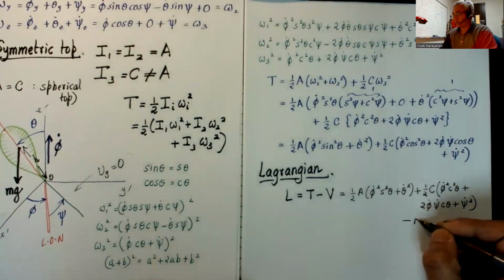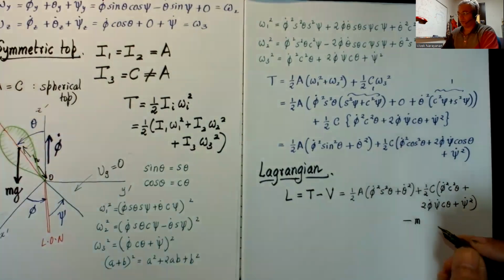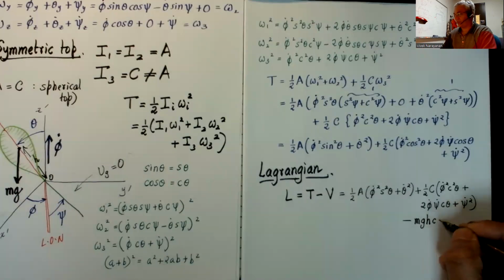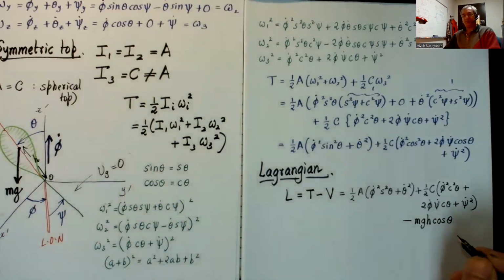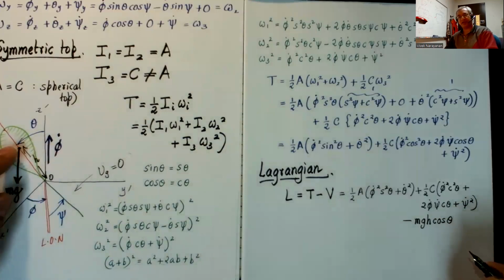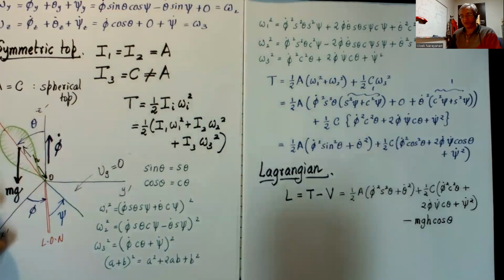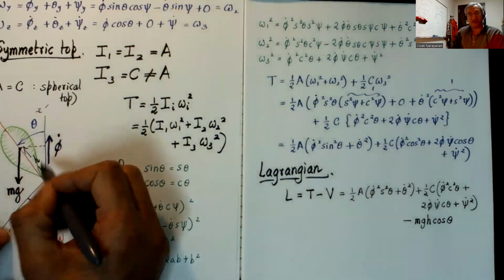And remember, because the potential energy is positive, since the top is above the x prime, y prime plane, the contribution, when I subtract, is a negative contribution. Observe that the true height is h cosine theta, so the potential energy is mgh cosine theta, because the location of this above the x prime, y prime plane is that distance.